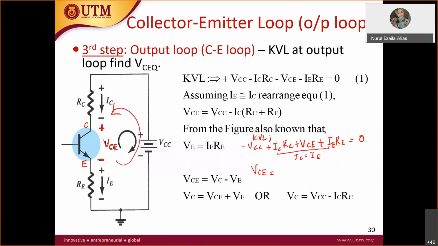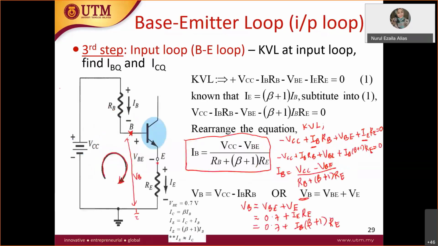Therefore, VCE is equal to VCC minus IC times RC plus RE. So you might ask me, Doctor, can I just calculate IC equal to beta IB, because at the input loop you already have the value for IB? For example, given also beta.